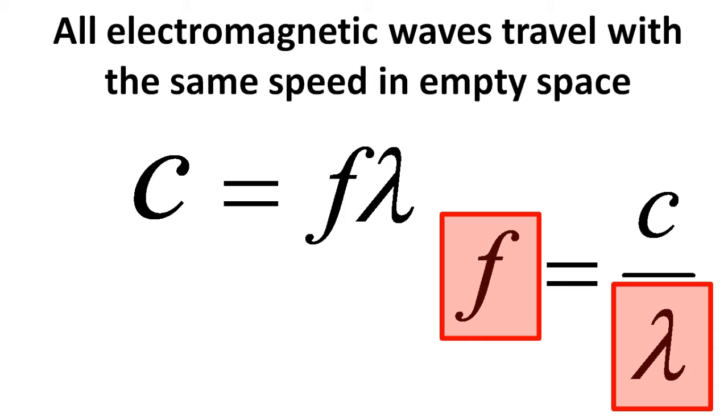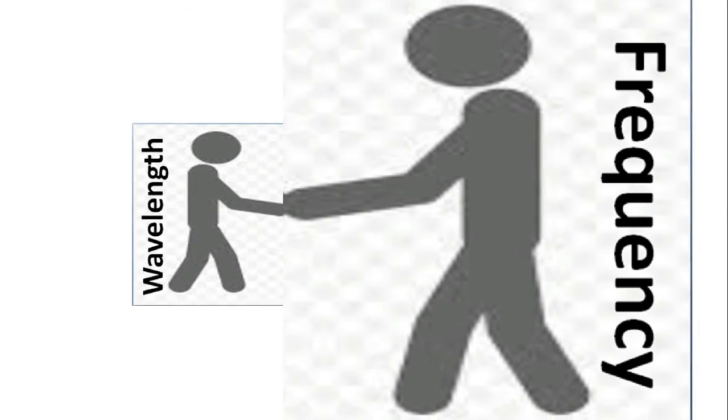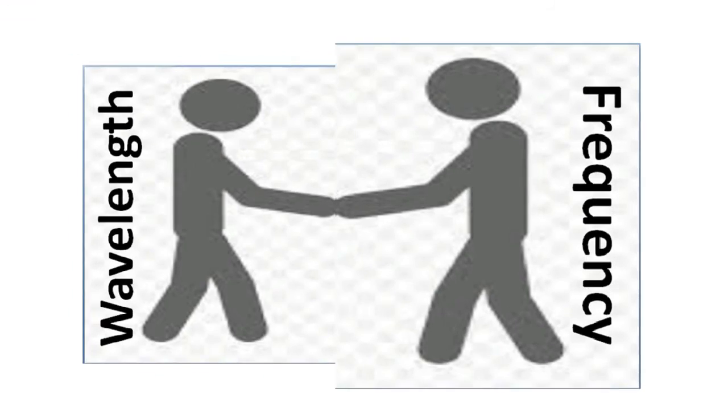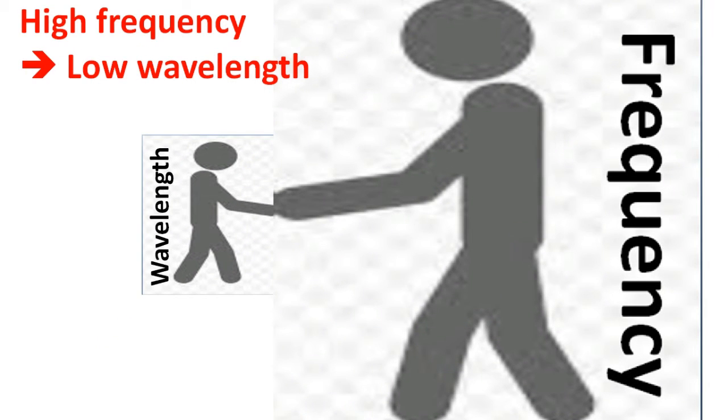What does that mean, Sensei? It means that if F increases, then lambda will decrease. So, electromagnetic waves that have high values of frequency will have low values of wavelength. I see. High frequency means low wavelength. That's an excellent way to summarize it.